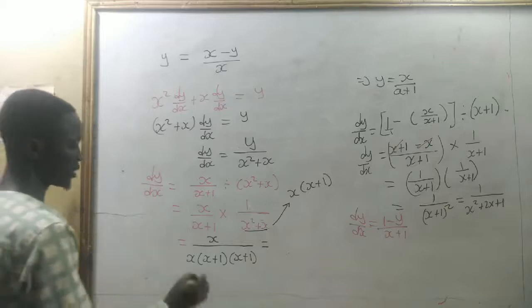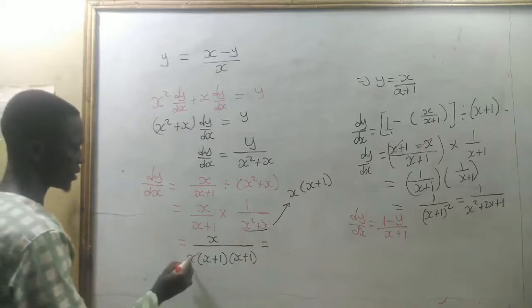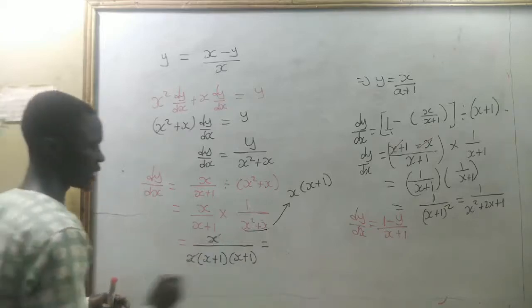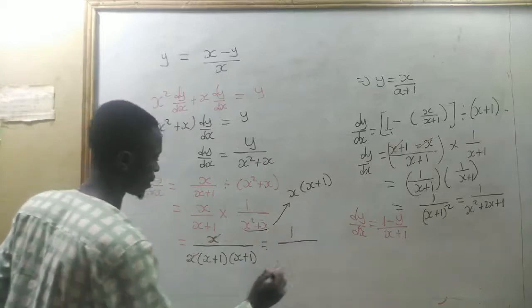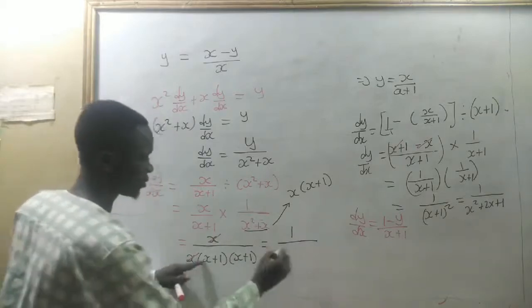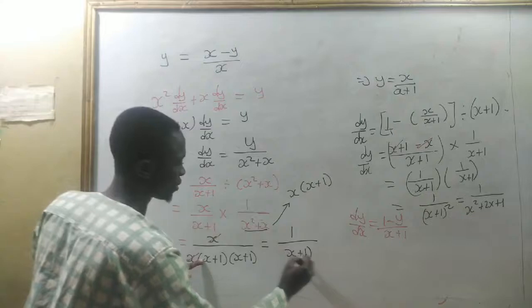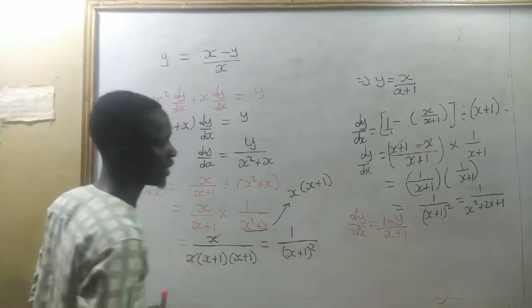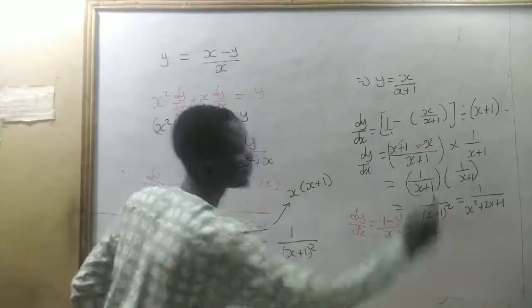So we get this x cancelling this x, and that will give us 1 divided by x plus 1 squared, and that is what we have here.